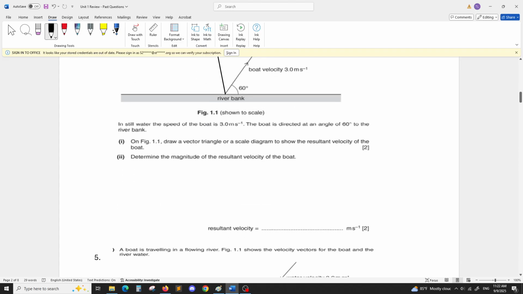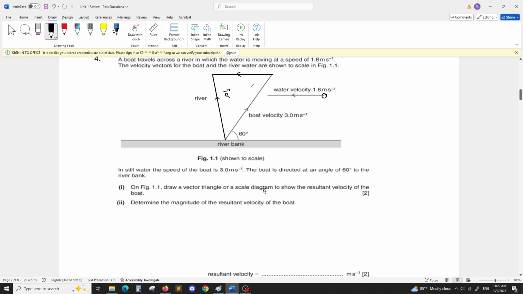So since this is a two-dimensional diagram, we're going to have to break it up into X and Y components. So my notation is kind of weird, but it's generally the same thing. I write it in these ordered pairs where this is the v of x and this is the v of y.